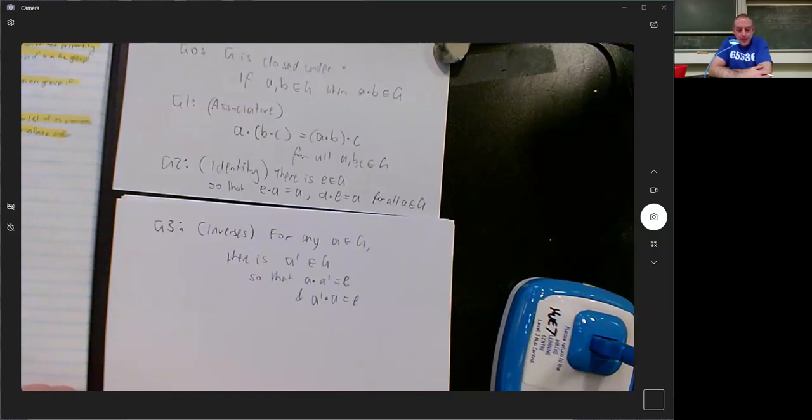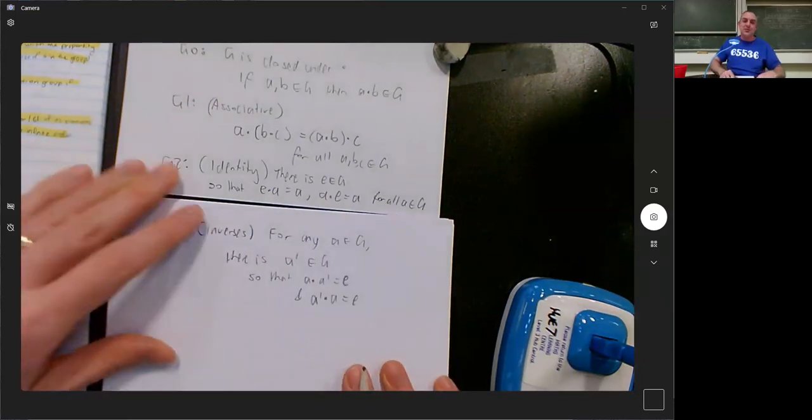Cool. And so that's your classic original recipe group. And then there's a little extra spice. If you have the commutative law, then you call it an abelian group, after mathematician Abel.